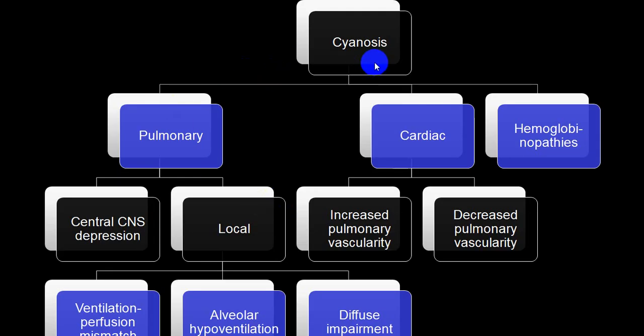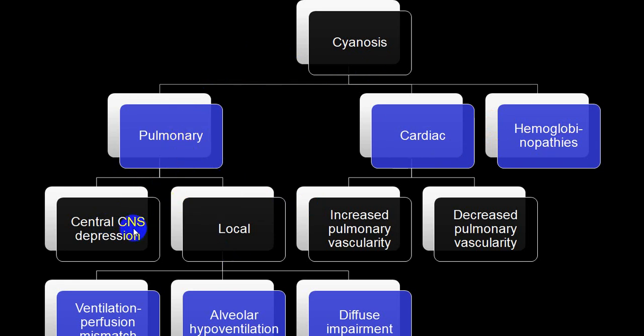So we divide into pulmonary, cardiovascular, and hemoglobinopathies, or we call it pigmentary cyanosis or endogenous cyanosis, endogenous pigments. Pulmonary will produce central cyanosis.